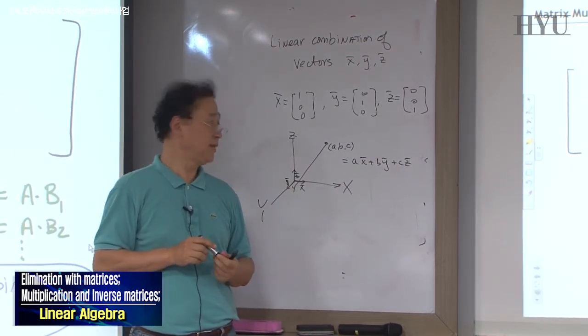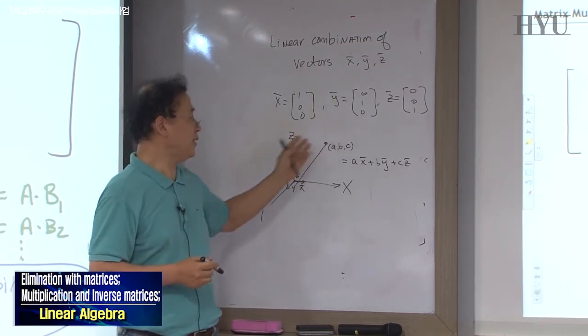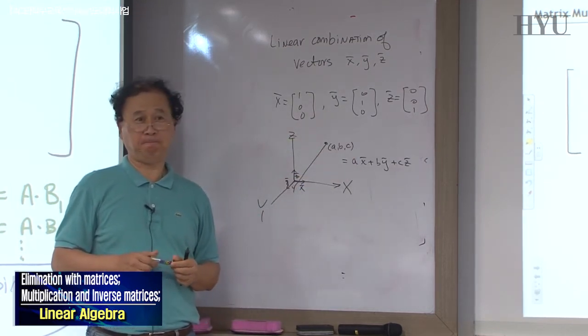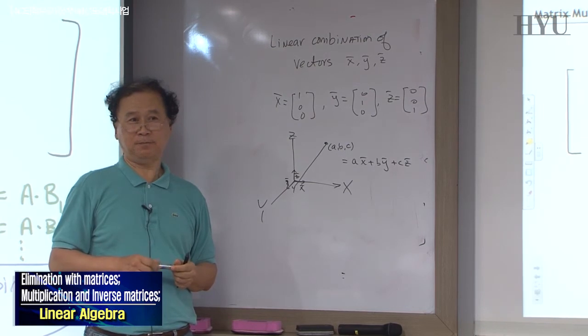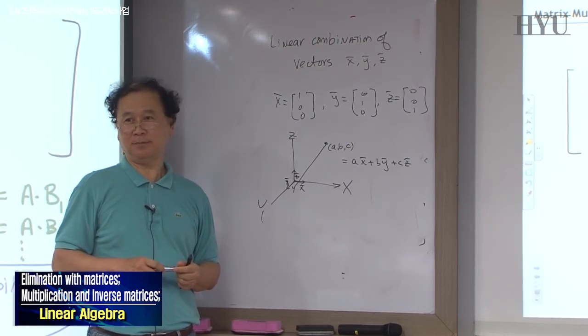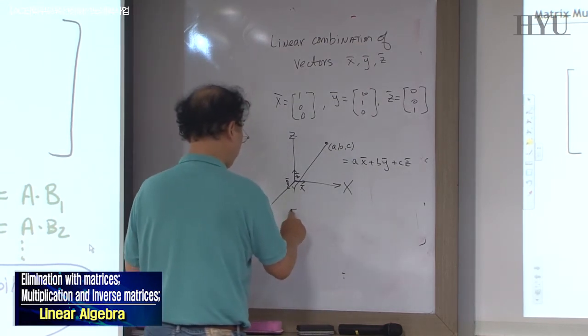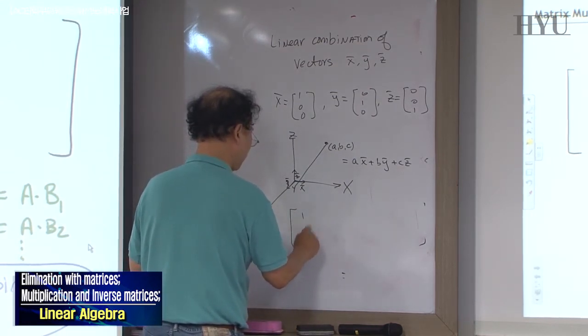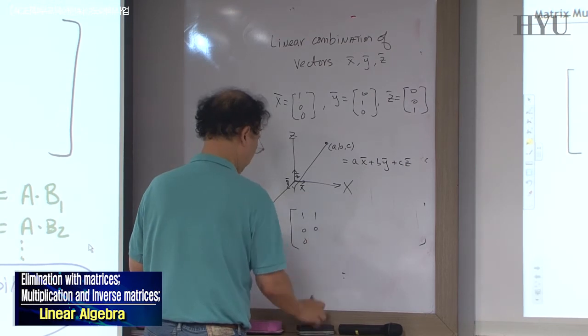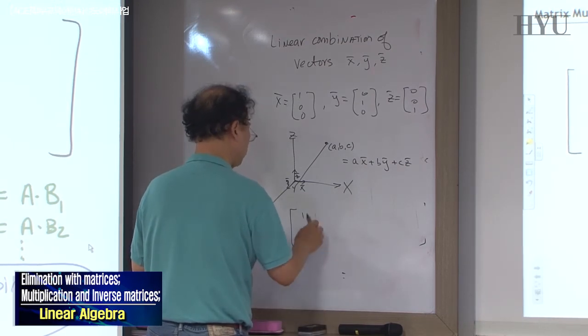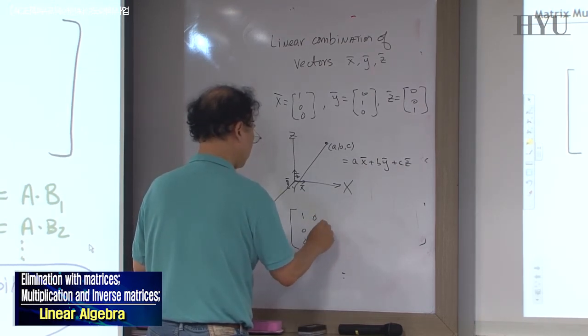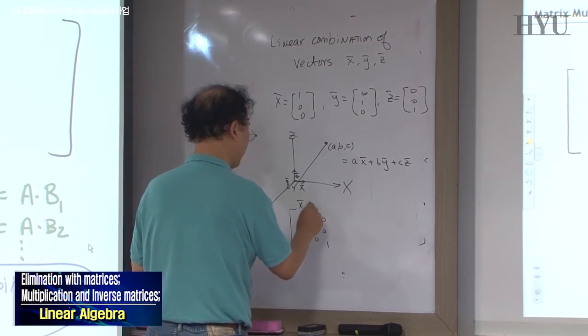So how can I represent this as a matrix? Here, x hat, y hat, z hat.